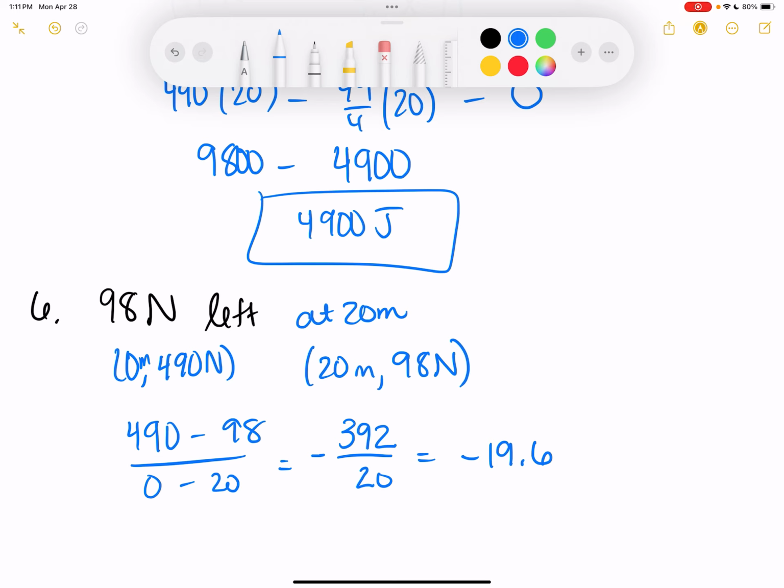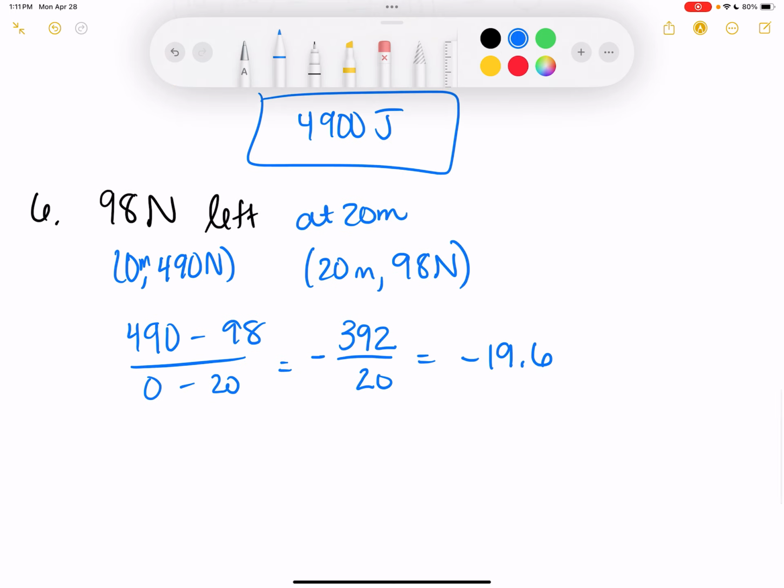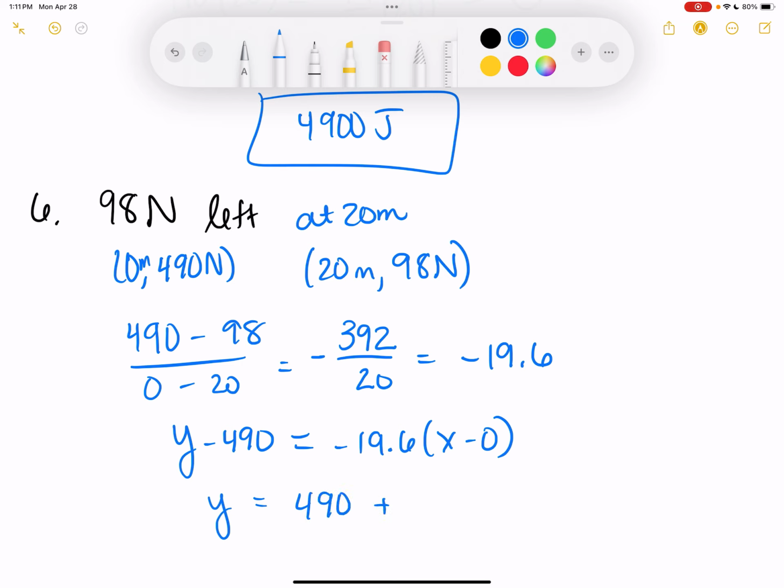Now, if you want to leave it as a fraction, you can, but I would probably just convert it. So then y minus 490 equals negative 19.6 times x minus 0. And so then I get y equals 490 minus 19.6x.